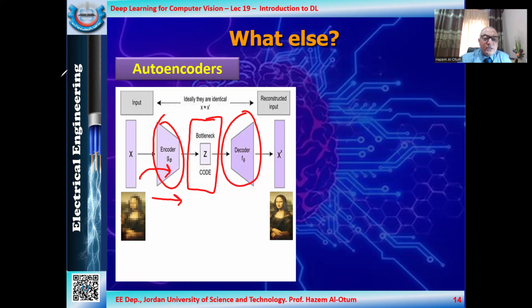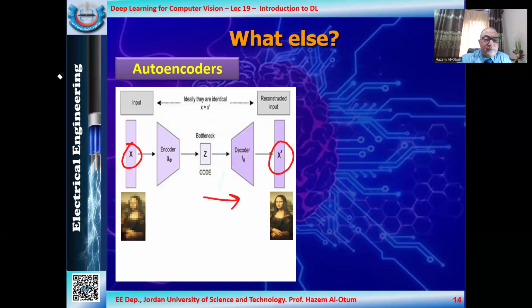Now this is the forward direction. In the opposite direction, when we upsample, we go from the features domain up to the spatial domain and go back to produce a new value for the input X. In this case, for sure, it will not be exactly the same as X. Here we have the Mona Lisa image, and this is the output.